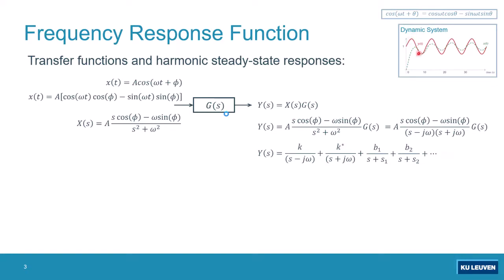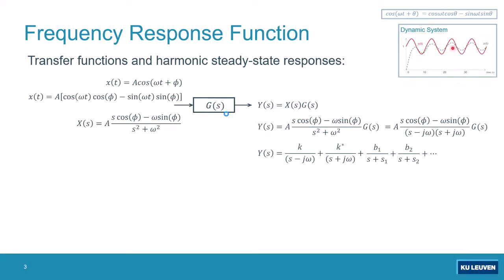To this dynamic system, I give a harmonic input, and then the response looks like this. We have already discussed before that the response of dynamic systems can be classified into two regions, the transient region and the steady state region, where at the steady state region the response becomes steady. The response will tend to follow the input.